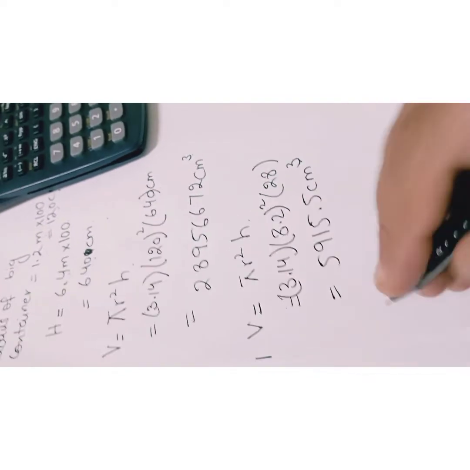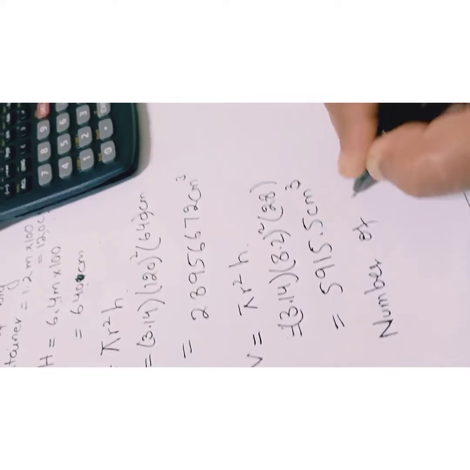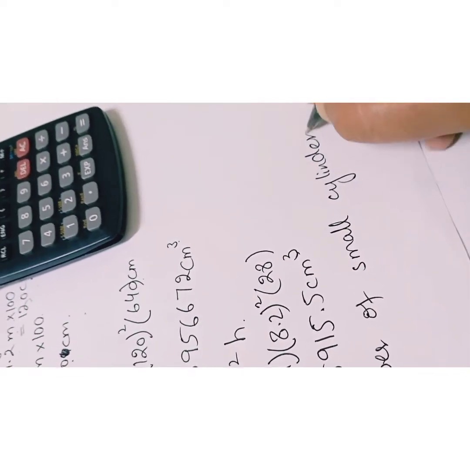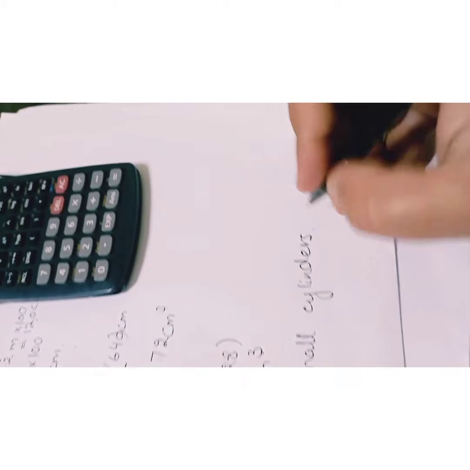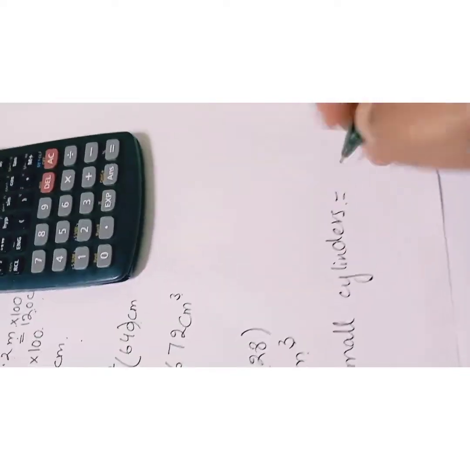Now this is the volume of the small container and this is the volume of the big container. To find the number of small cylinders in the full big container, we will divide this capacity by this capacity and we will get the number of cylinders.